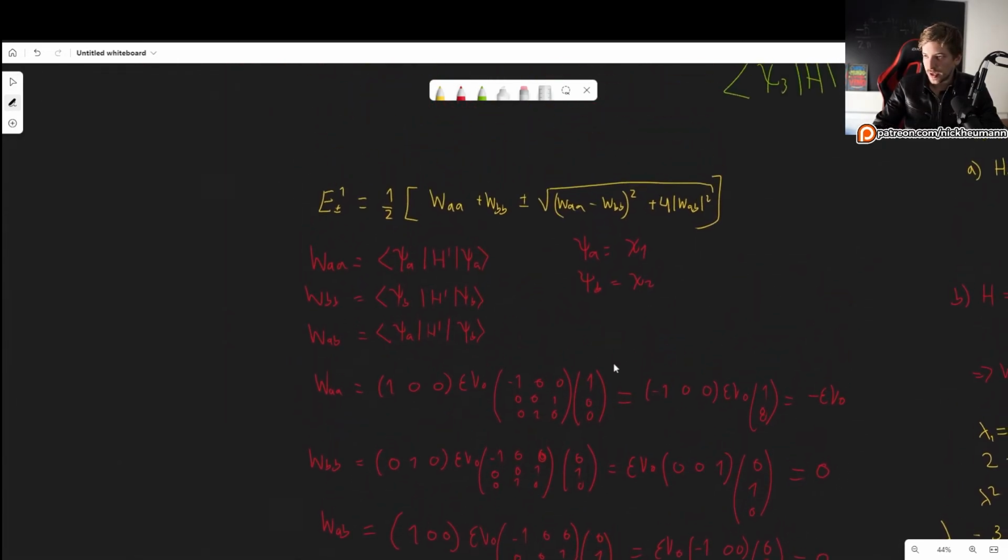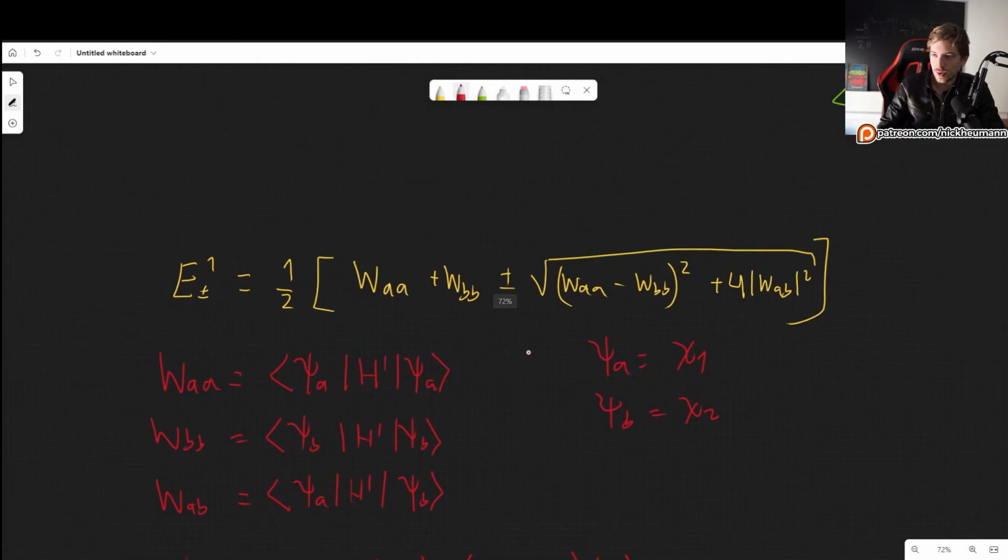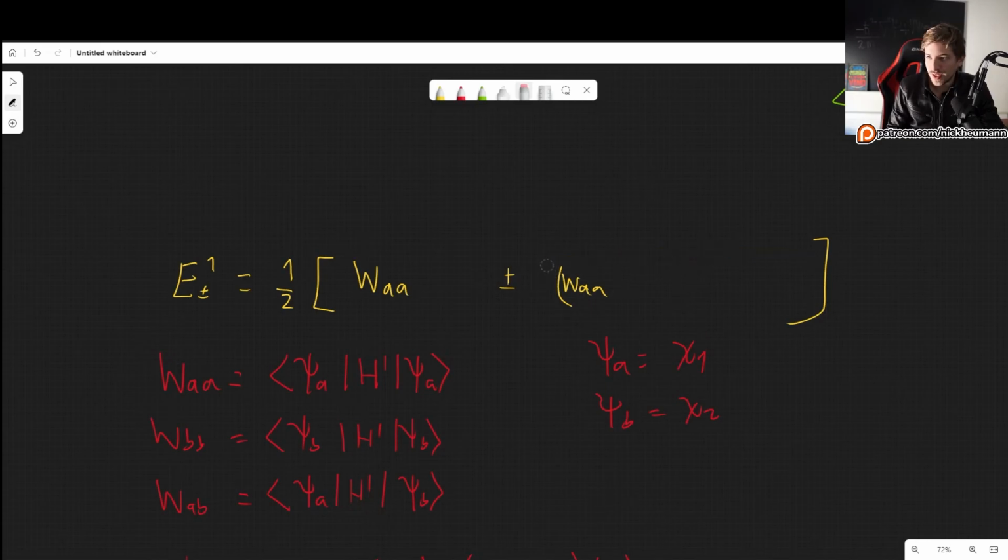So now, plugging these results into our formula, we know that WBB is 0, and also that other thing is 0. So basically, we get WAA plus or minus the square root of WAA squared, which is WAA. So there are two possibilities, right? Let me just write it like this: WAA plus or minus WAA.